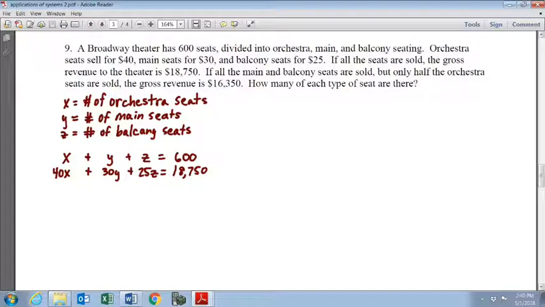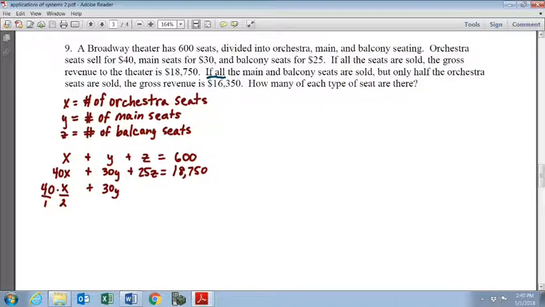Finally, on this last part, it says if all the main and balcony seats are sold, but only half of the orchestra seats. Well, X was our orchestra seats, so we're going to cut that amount in half. So it'd be 40 times X over 2, which is 40X over 2, or 20X.